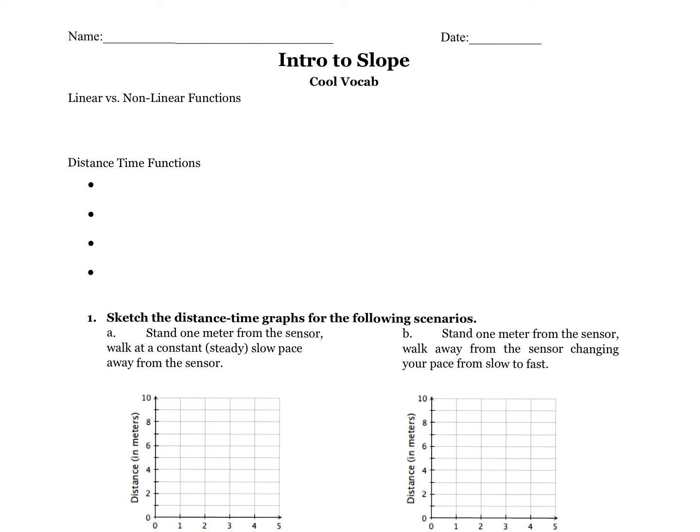But when we start getting into slope, there are two types of functions that we like to talk about. One is linear and one is nonlinear. So what you're going to do is take notes as I go along while you're watching. A linear function is a straight line. There is more to know about linear functions, but we will get to that a little later. I don't want to confuse you and throw too much information at you all at once.